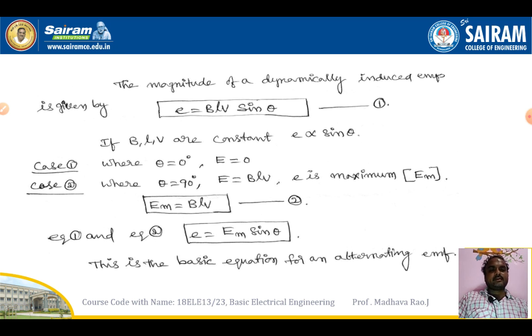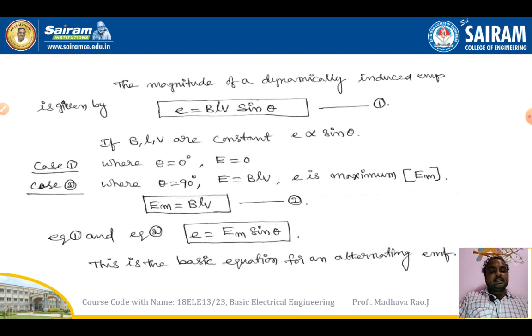So the induced EMF is equal to BLV sin theta, where B, L, V are constants, and e is proportional to sin theta. When theta is equal to 0 degrees, the coil is parallel to the magnetic flux lines and the induced EMF is equal to 0.